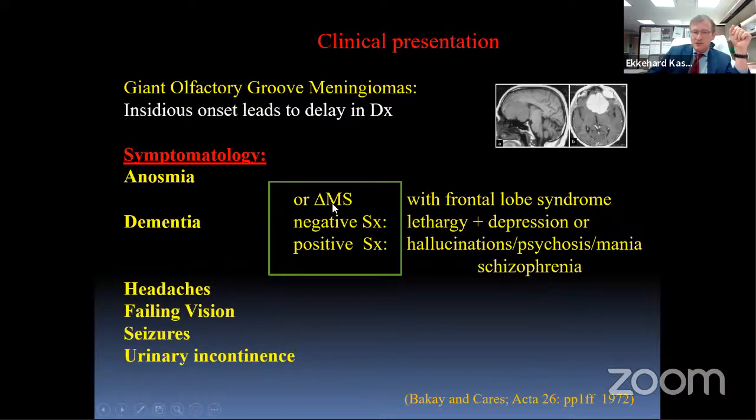These can just be changes in mentation, frontal lobe syndromes, executive dysfunctions, but they can be negative symptoms such as depression or lethargy, or positive symptoms where patients present with hallucinations, even psychosis or mania, and a few patients have been described with schizophrenia. Sometimes patients present with headaches, failing vision, seizures, or frontal release, such as urinary incontinence.